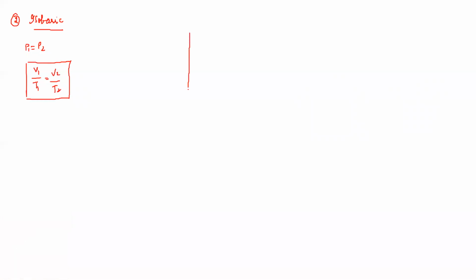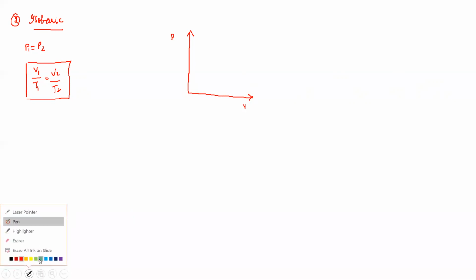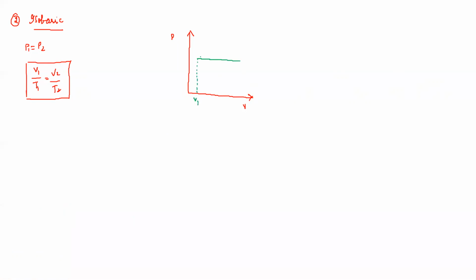If we talk about a PV diagram for an isobaric process, since over here pressure is constant, we are going to have a diagram in this manner, right? Let's say this is my initial volume V1 and this is my final volume V2, and this is my pressure P1 equals P2 equals P, right?